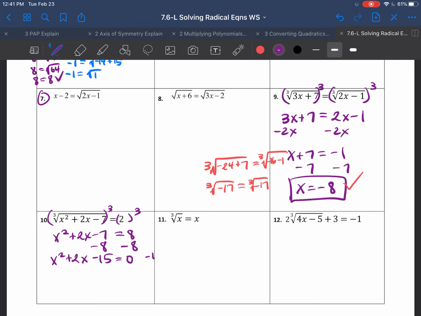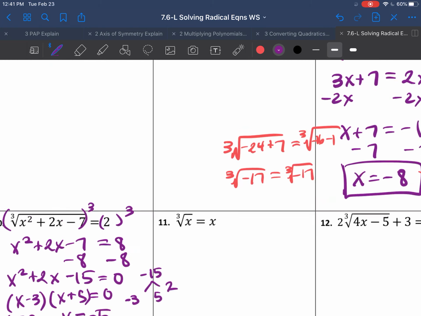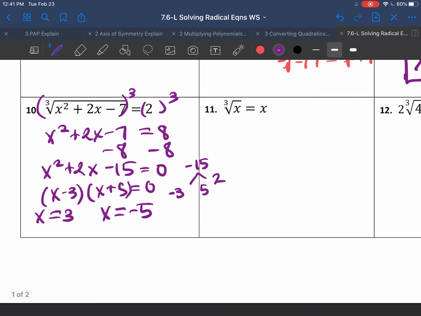And then I need two numbers that multiply to -15 but add to 2. 3 and 5 will work as long as the 3 is negative. Okay, so I end up with x equals 3 and x equals -5 as my possible solutions.